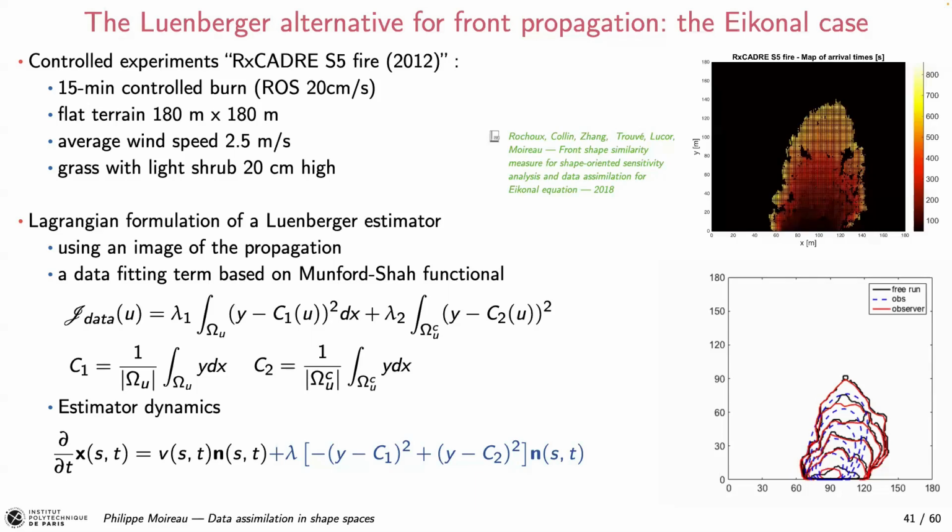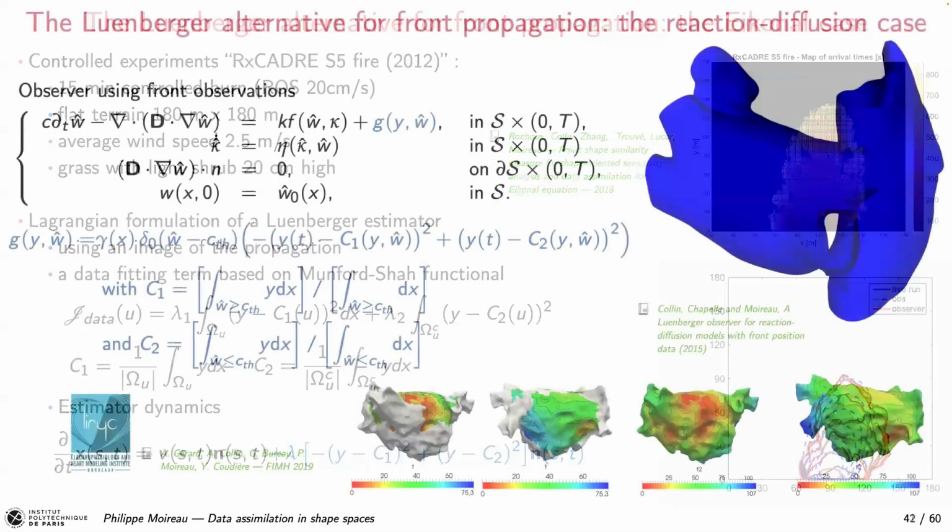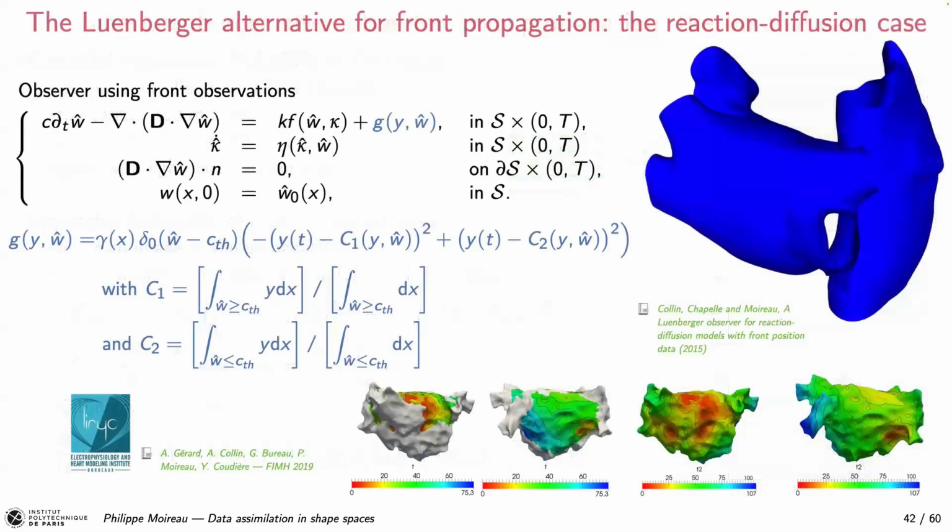But you are right that for the reaction diffusion problem, it's not the case. The state corresponds to the solution, a function defined on this manifold, and the observation is just the front. So we use the same correction for the front, but we apply it to the reaction diffusion problem.